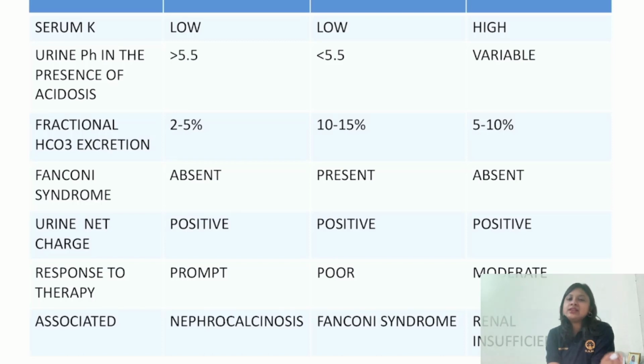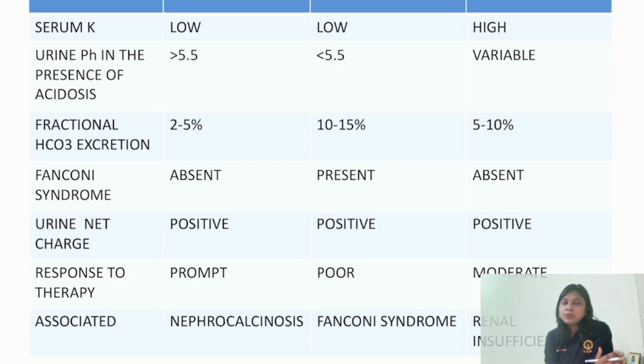Whenever we see acidosis, next we look at the bicarb level. If the bicarbonate level is low, then it is a metabolic acidosis. If the pH and the bicarbonate go in the same direction, that means it's a primary metabolic disorder. Understood?